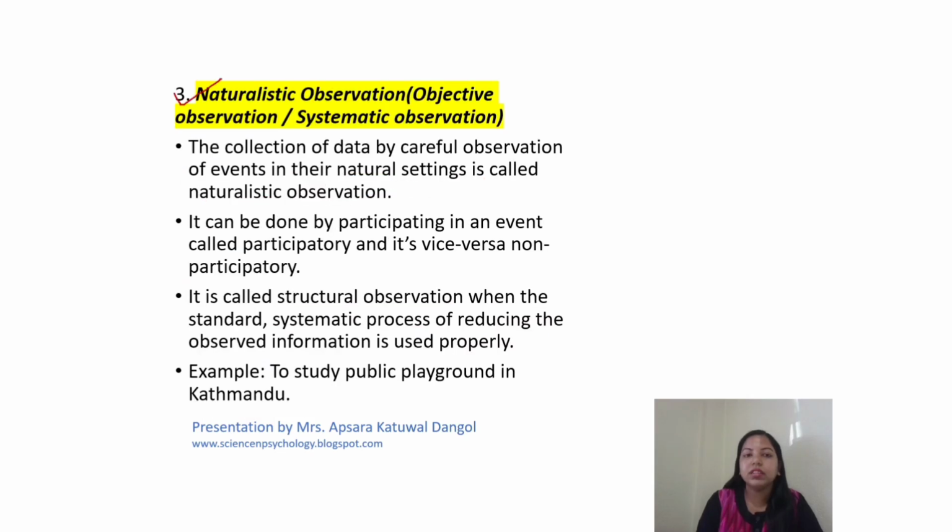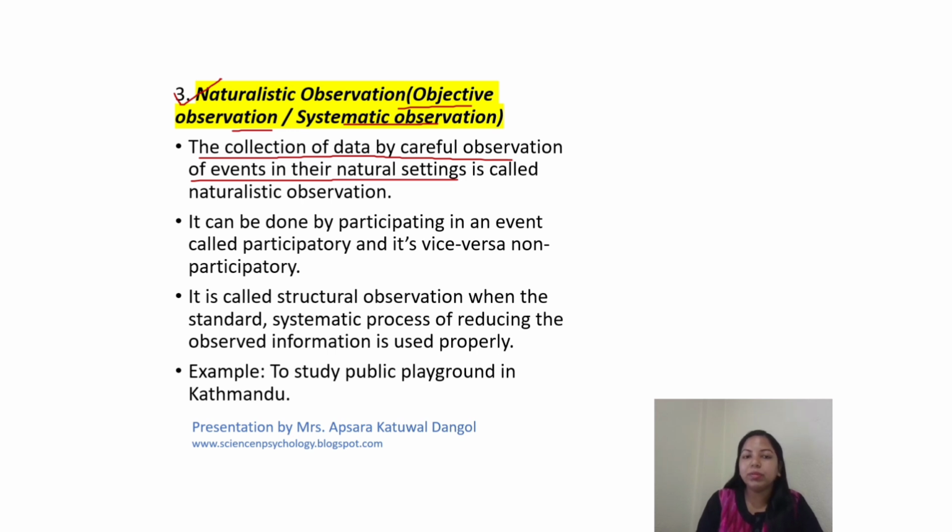Next one is naturalistic observation. We can also call it objective observation or systematic observation. While defining naturalistic observation, the collection of data by careful observation of events in a natural setting is called naturalistic observation.